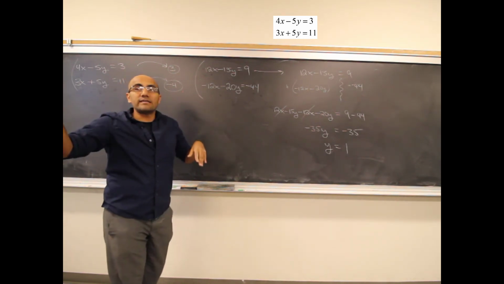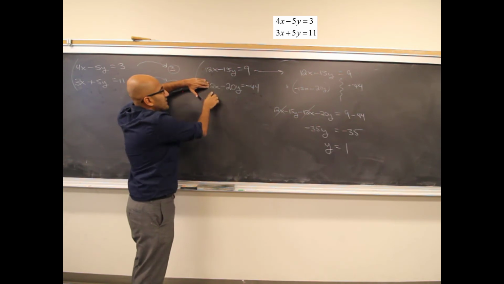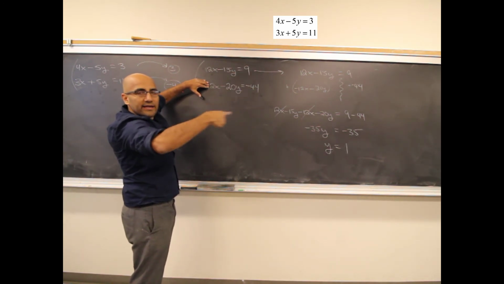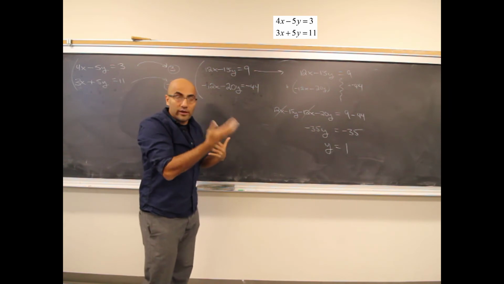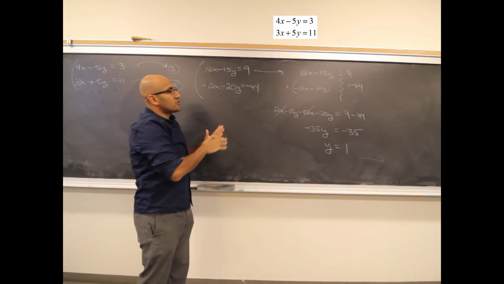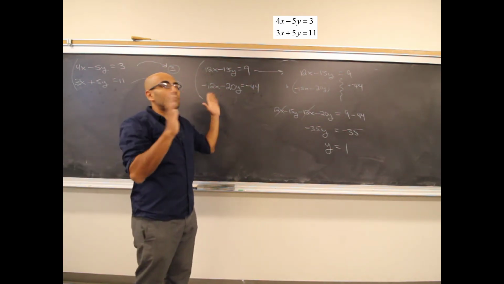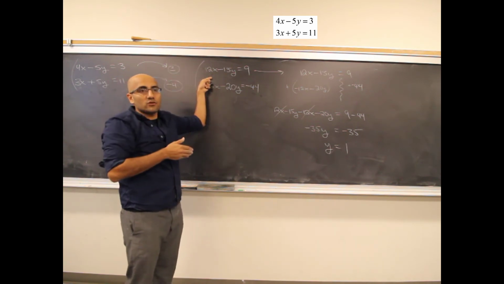The other idea, and this might confuse you, is to make them both be identical so that you take one and subtract the other, and then they cancel off. But then you have to think about distributing that minus when you subtract and all that. So there is a different way of doing it where you actually subtract instead of add. But just for the sake of being consistent while you're first getting used to it, most people just add. Just make them opposite signs, that way when you add, they cancel off.